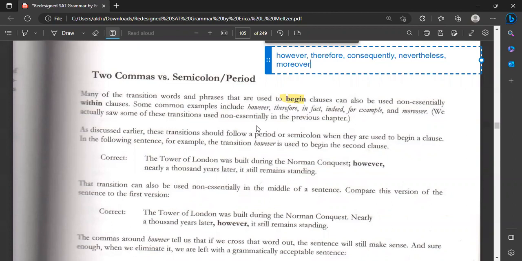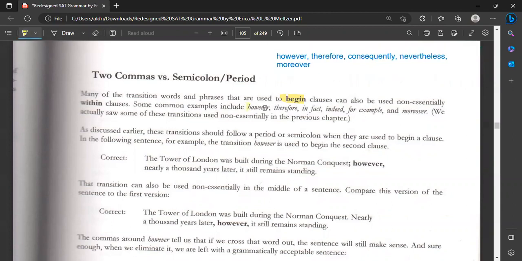Apart from the ones that are here, however, therefore, in fact, indeed, for example, moreover, the only new ones I've given you are consequently and nevertheless. However, therefore, thus, yeah, I think we can use thus as well. Consequently, nevertheless, and moreover.